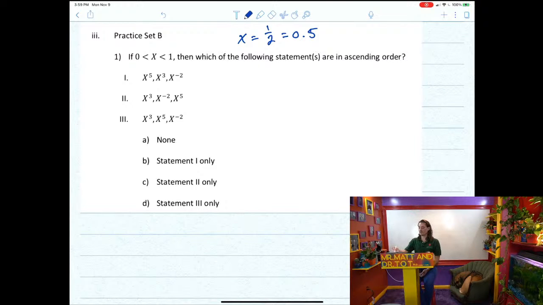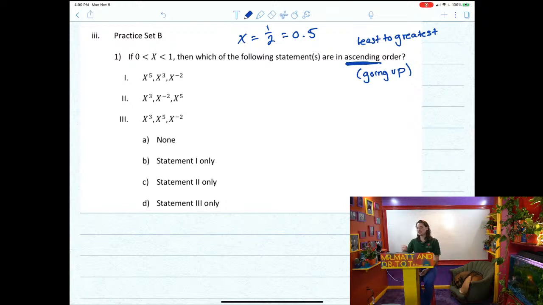Remember, notice that ascending means least to greatest. Or in other words, going up. Descending would be greatest to least, or going down, so vocab matters here, you got to get in the right order. But we also can think about this conceptually.